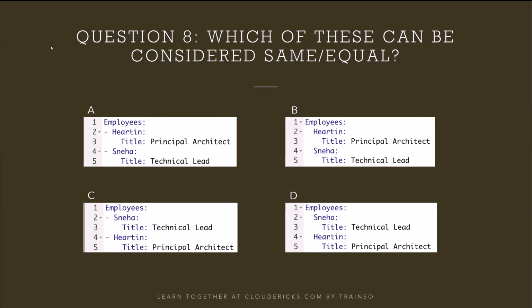And for the employees list C, array index 0 will be Sneha and array index 1 will be Hartin. So arrays are generally compared by comparing the indexes. So when you compare index 0 of employees list A with index 0 of employees list C, it is not equal or same. And when it comes to map, ordering is not important.